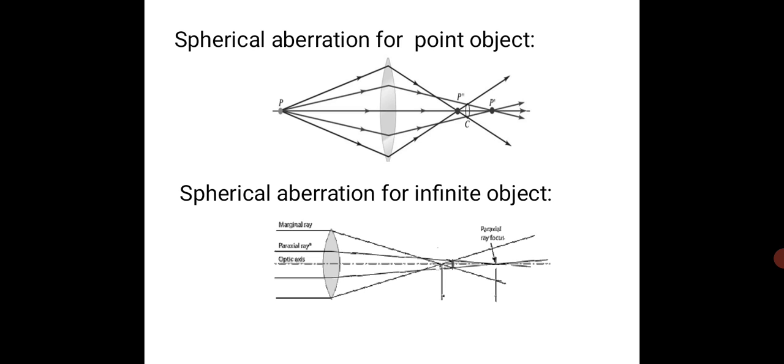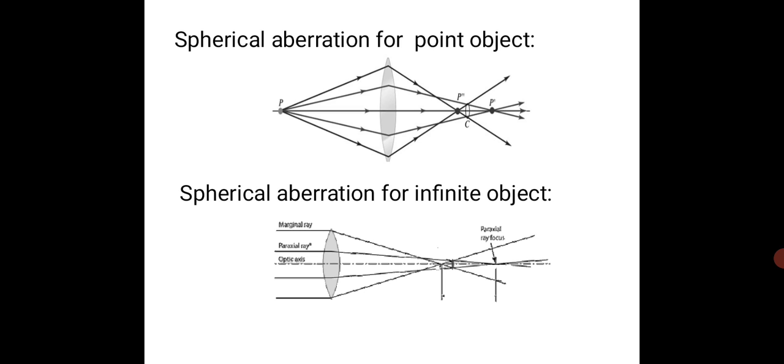If the object is a point object, the incident rays fall on a lens and are deviated after passing through the lens. So the marginal rays after passing through the lens meet at P double dash, and paraxial rays meet at a different position P dash. That is, they are not going to meet at a single point.